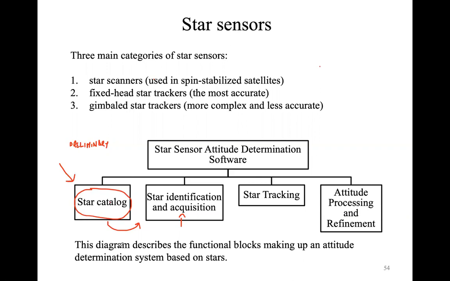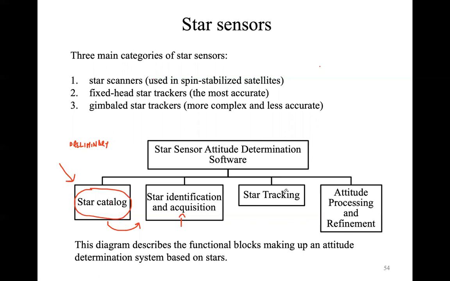The second step will be the tracking of the star. Once you recognize exactly where the stars are in your map, you are able to not always reload the catalog, but basically go into tracking mode.